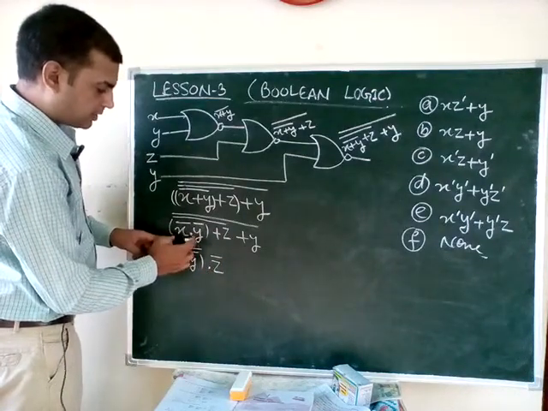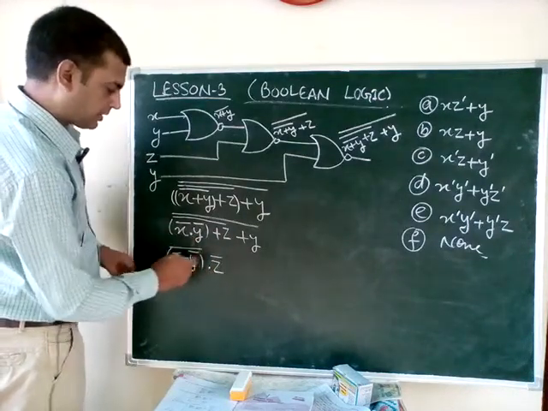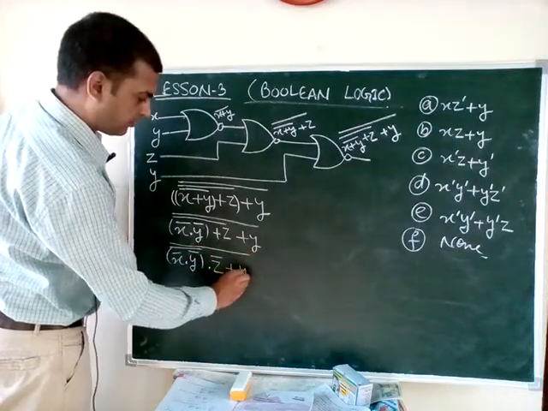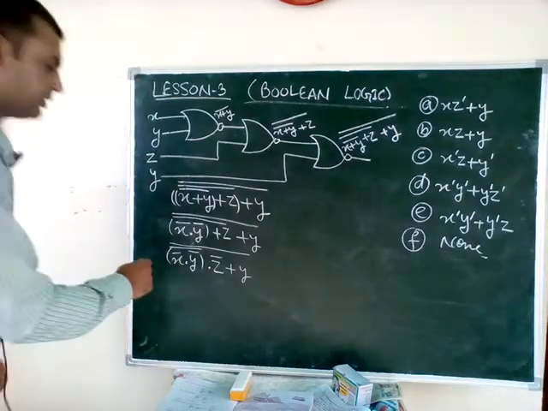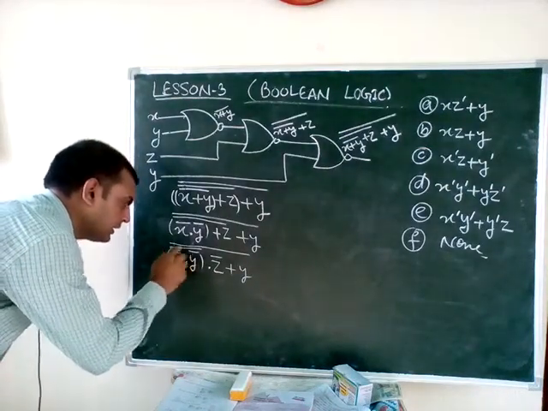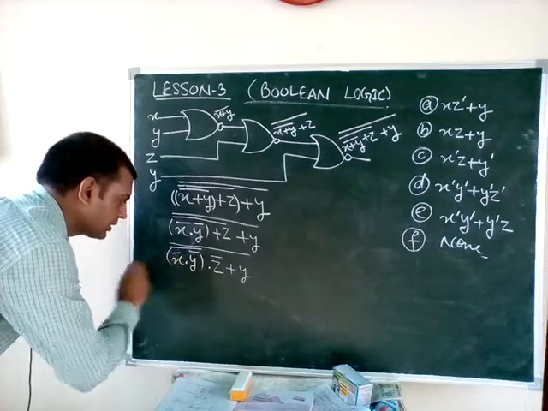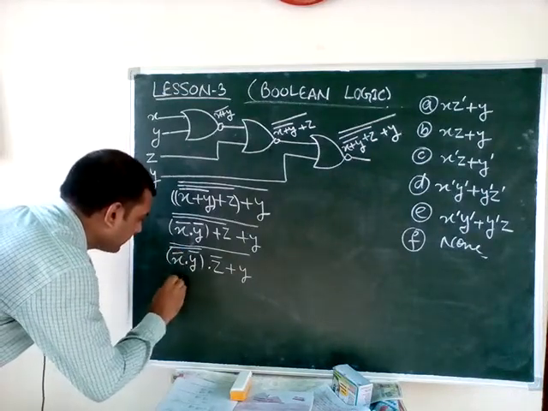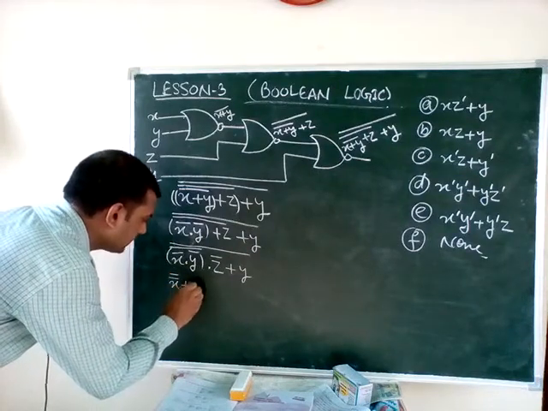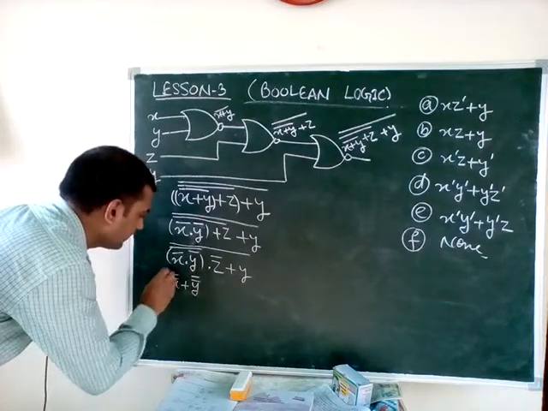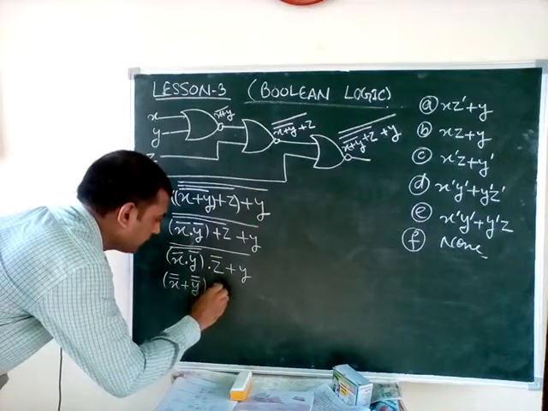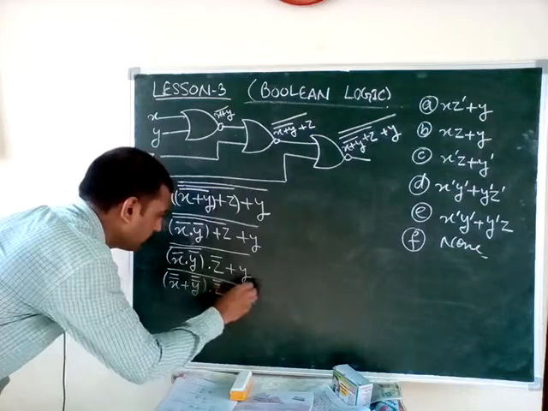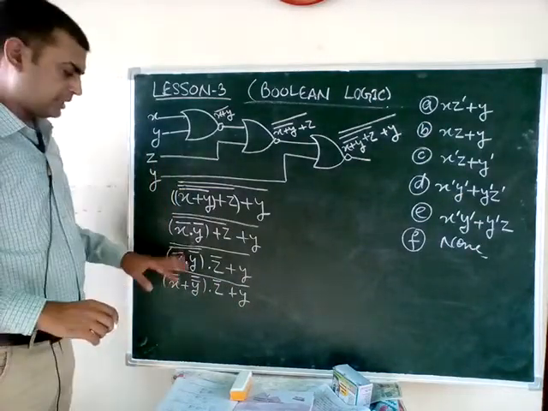This will be x bar dot y bar and then z bar, and the whole bar is also present for y. Then this can be solved with De Morgan's theorem: x bar bar plus y bar bar into z bar plus y whole bar. So we have just removed the inner bar.